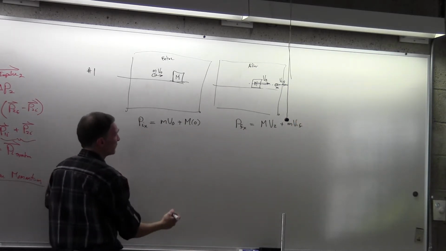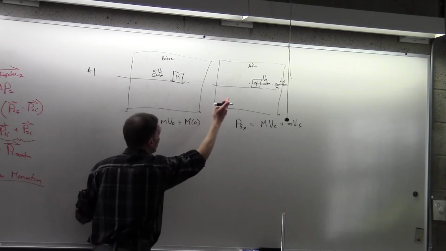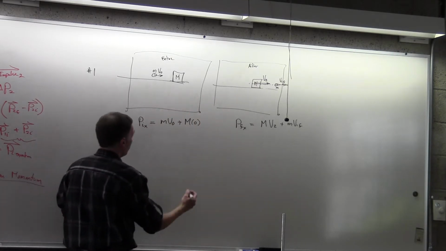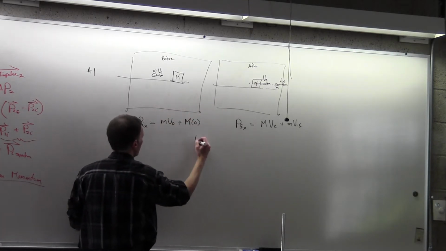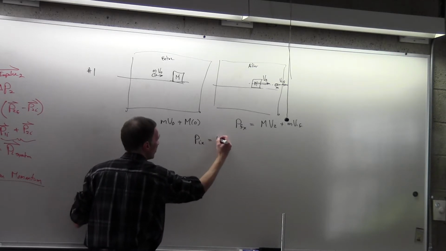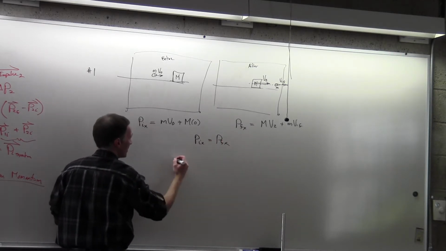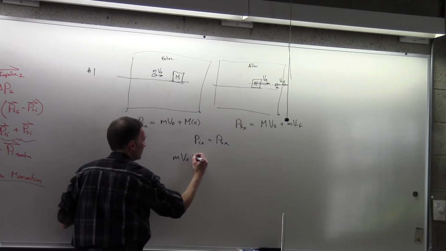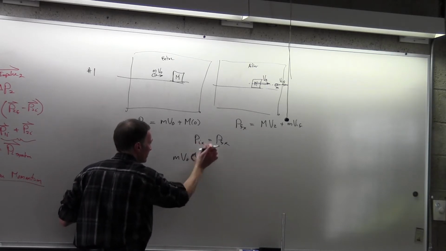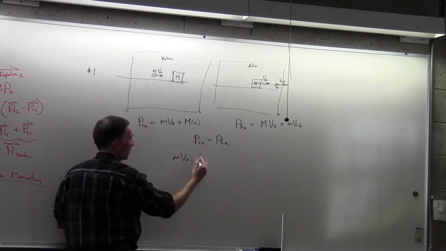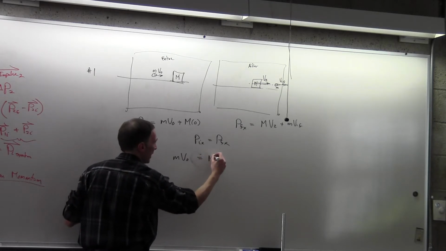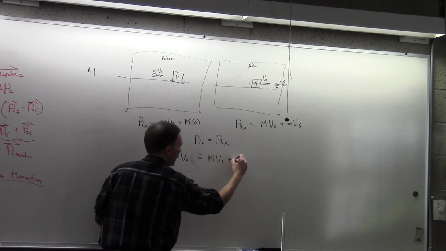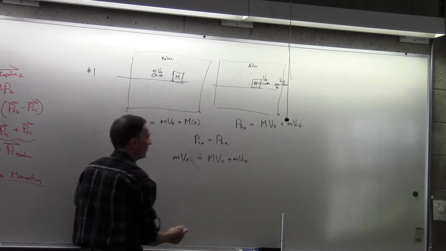And the idea of conservation of momentum between the before and the after, that's where we focus. We set these two things equal. The initial in the x is equal to the final in the x, and we have mv naught plus big M times 0, which is obviously 0, equal to MV2 plus mv1 final.